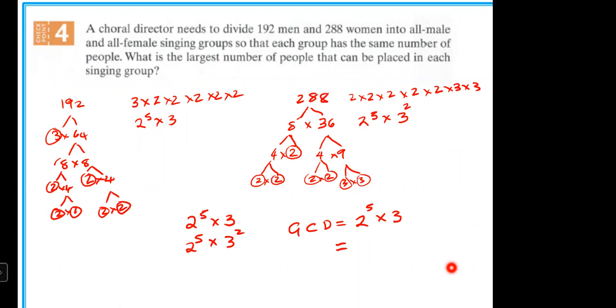You're saying 2 times 2 times 2, but you have to do it 5 times: 2 times 2 times 2 times 2 times 2. You're multiplying 2 five times, then times 3.